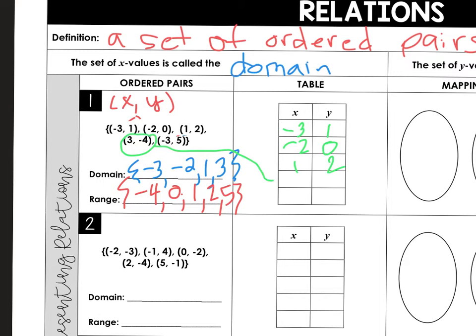So there's my ordered pair, and I'm just going to plug it right in there. 3, -4. And then this one, where does this one go? Down here, so it's going to be -3, 5. So now I know the domain. I have the values for the domain. I have the values for the range. And then I have the table filled out.